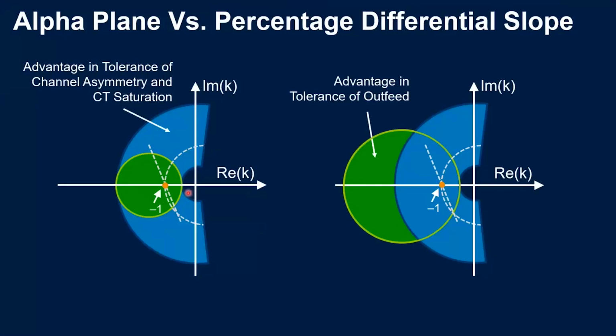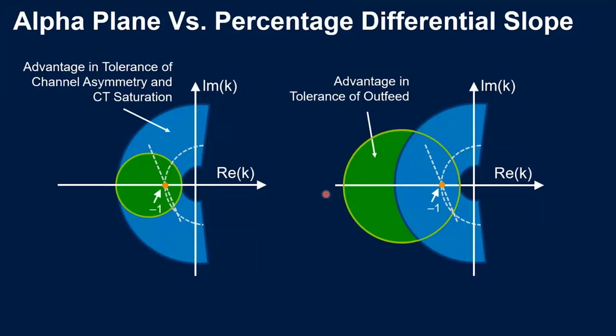So in that case, if we try to increase the slope of the traditional characteristic to compensate for those possible synchronization errors, we see that we will not be able to cover all the possible synchronization errors, okay? And we'll still need to increase the slope a lot and lose sensitivity, mostly for faults with outfeed, okay? So this is more or less the comparison with the traditional percentage differential slope characteristic.